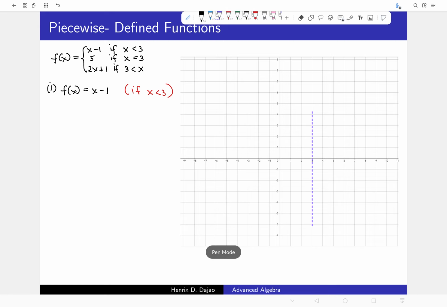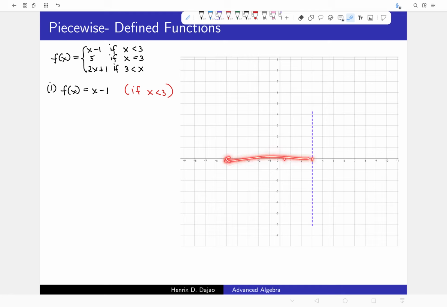The first point is the point that corresponds to the boundary, and the other one is somewhere here.